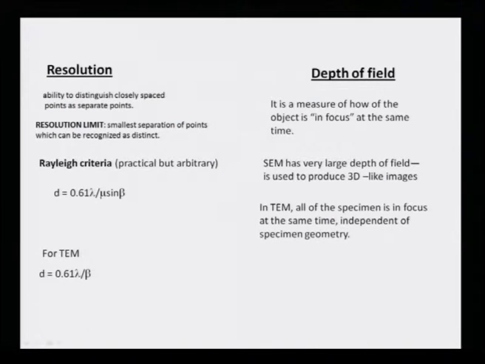I would also like to tell you one more thing about the electron microscopes, which is known as depth of field, before we go into the details of the other features. Depth of field is basically a measure of how much of an object is in focus at the same time. If you have an object with a lot of ups and downs, or a lot of undulation on the surface, can you bring the different portions of the sample in focus or not?